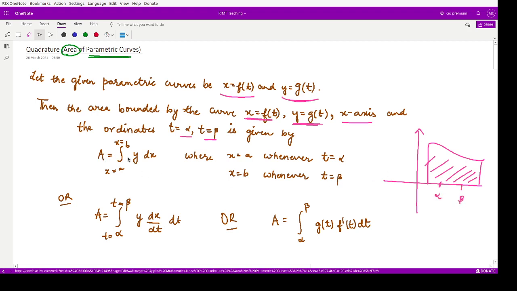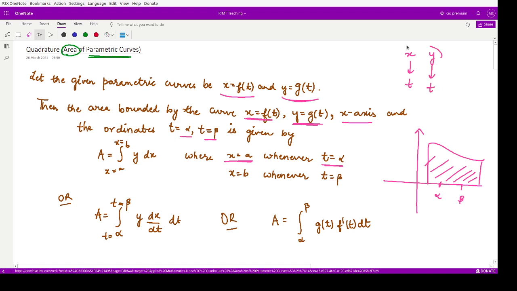So this area in Cartesian coordinates was given by the integration of y dx, where x goes from a to b, and whenever your x is a, the value of t is alpha. Because we are talking about parametric curves, our x is a function of the variable t, and y is also a function of the variable t.